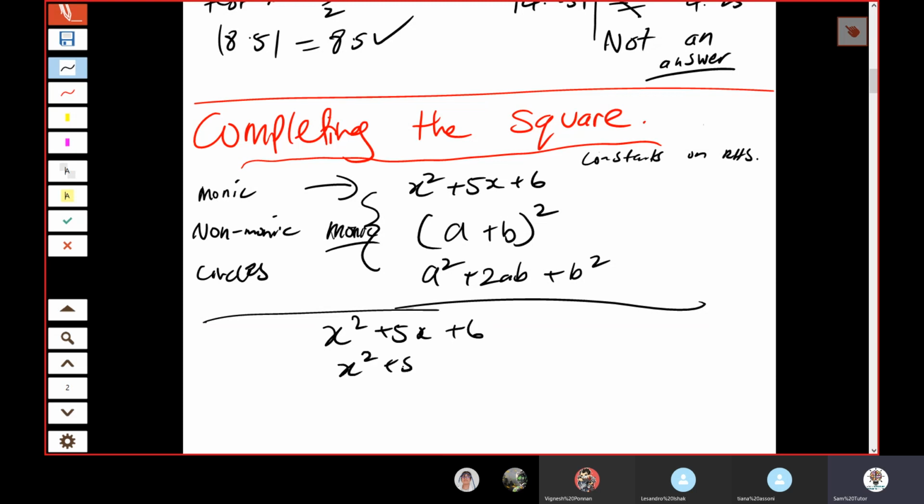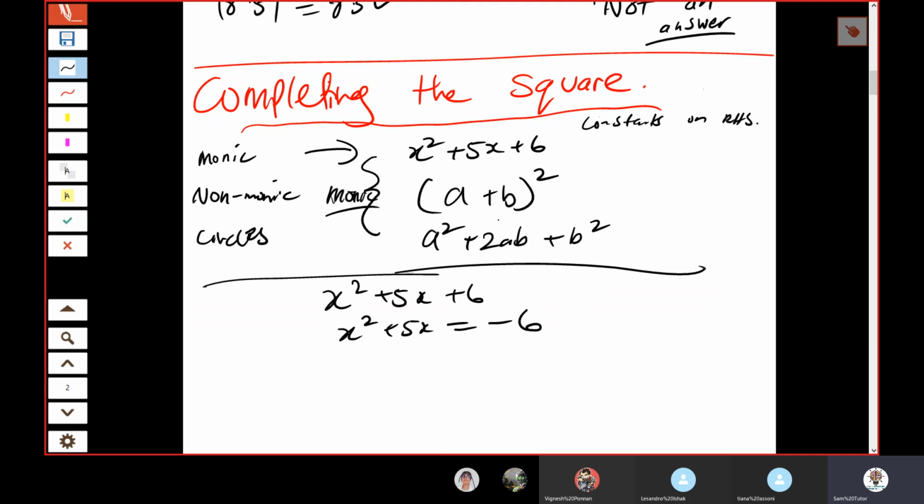Then you would write x squared plus 5x equals negative 6. Because if you have a perfect square, you know if you expanded this, it's going to become 2ab. So this number is already multiplied by 2. So to bring it back into this form, you've got to divide it by 2. That's why you're dividing by 2.